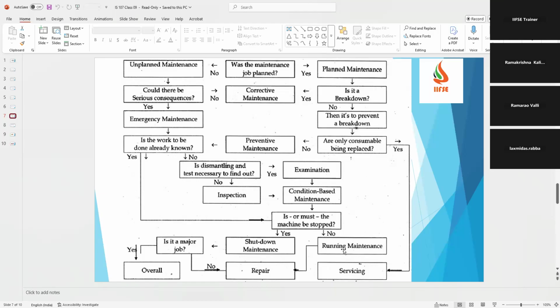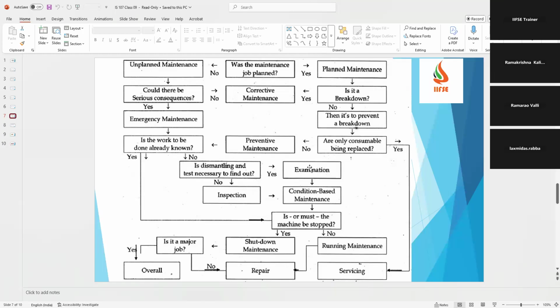For example, lubrication. The roller machine is giving a noise. You just apply grease during the running itself. You have just repaired it. Okay. If the solution is not known, is dismantling and testing necessary to find out? If no, it is just an inspection.